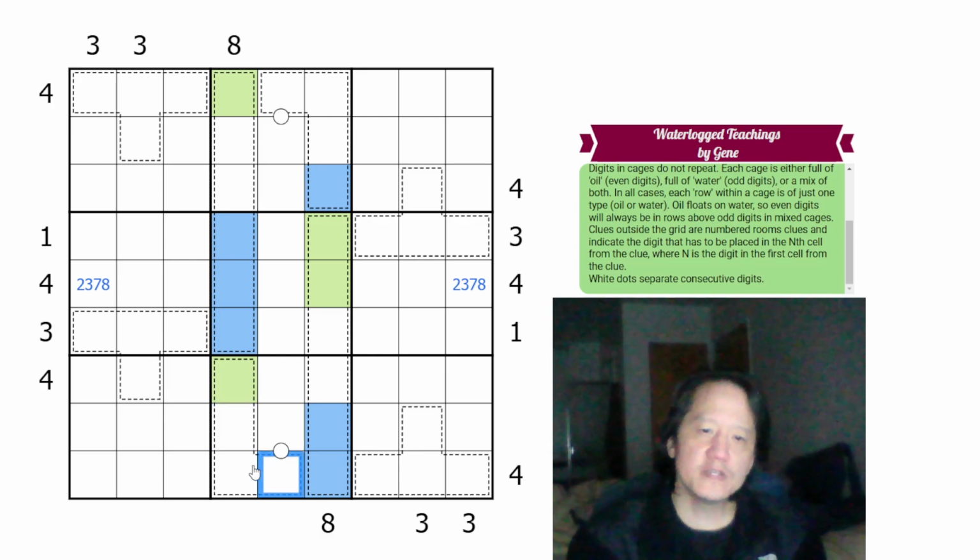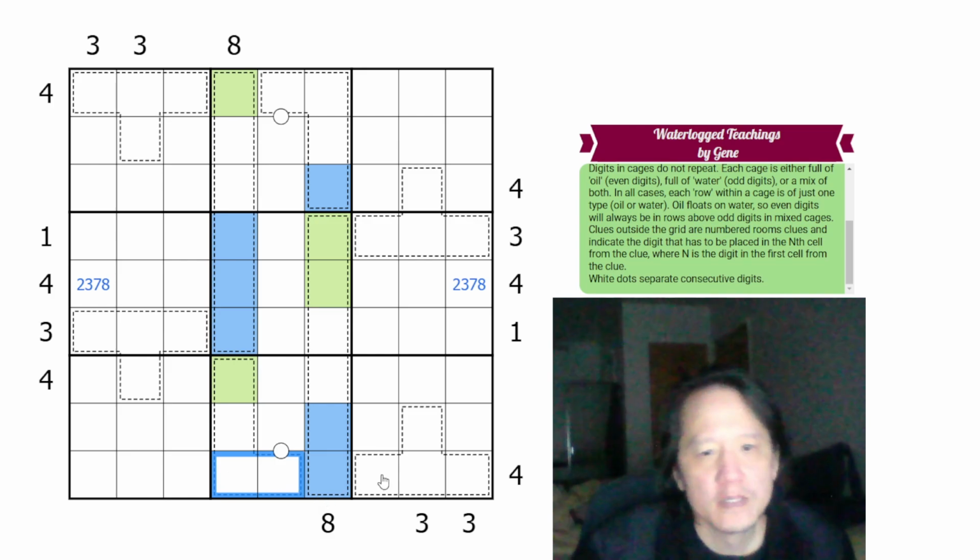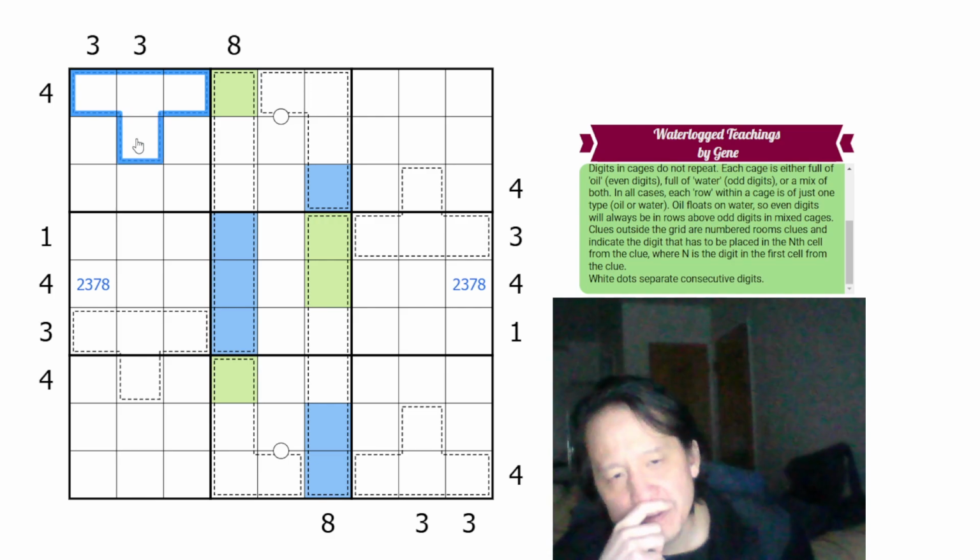Interesting. So if these two are odd, that would mean these would have to be all even, which would mean that's even. That's interesting. If these are even, that would mean those 3 are odd, and this would have to be odd.